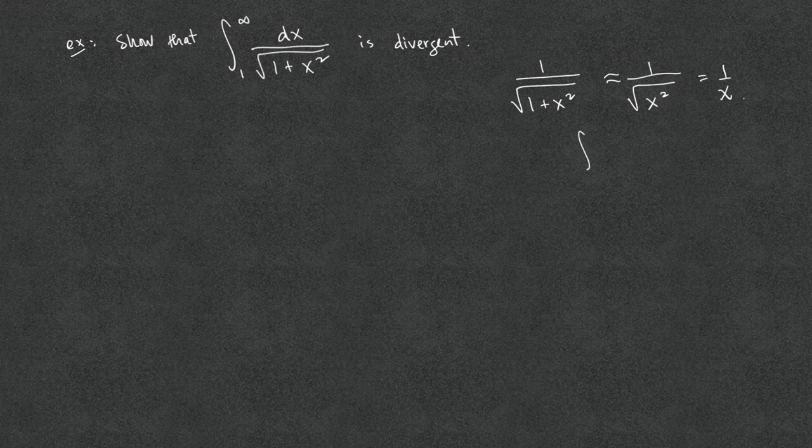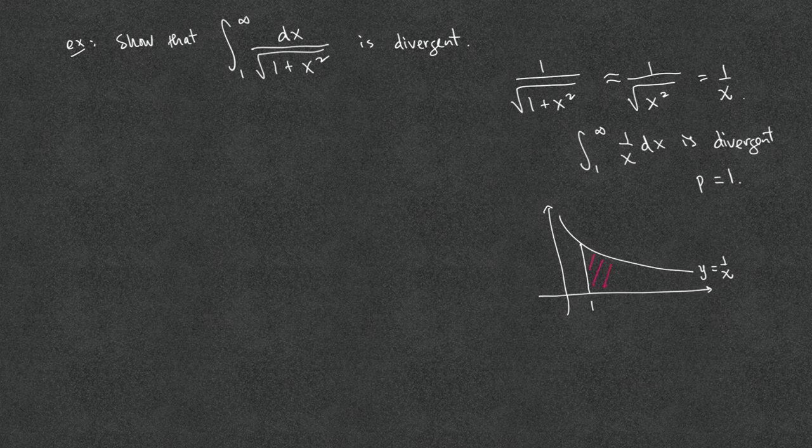And we know that the integral from 1 to infinity of 1 over x dx is divergent, because this is the p integral when p equals 1. We know the integral from 1 to infinity of 1 over x is divergent.